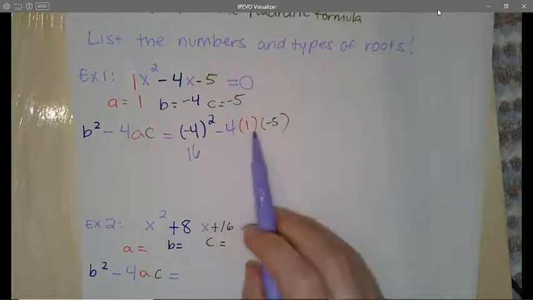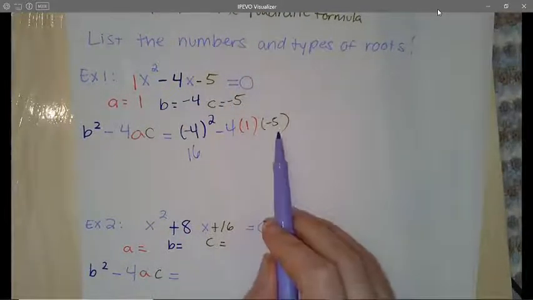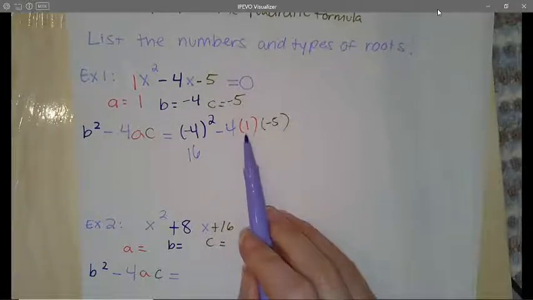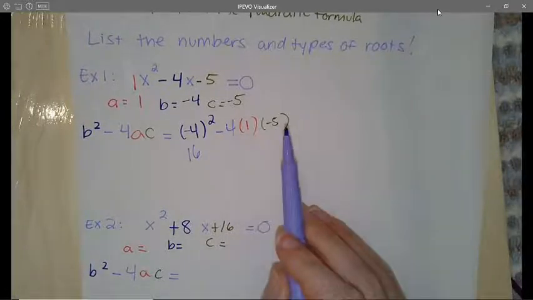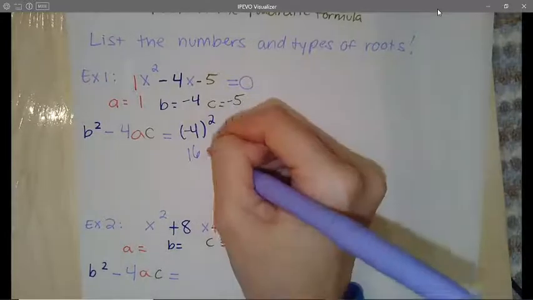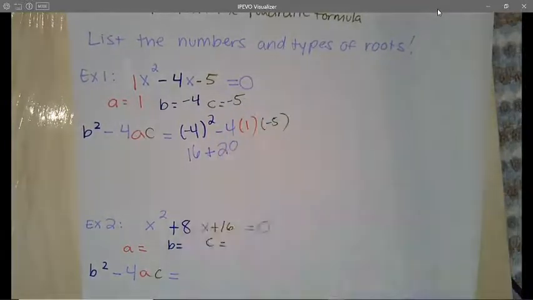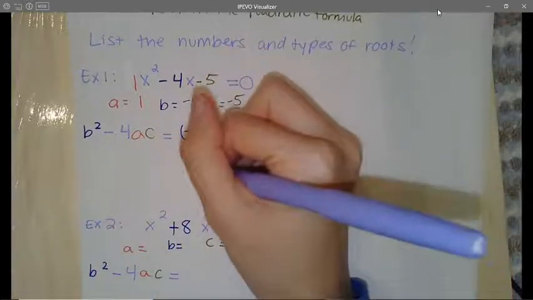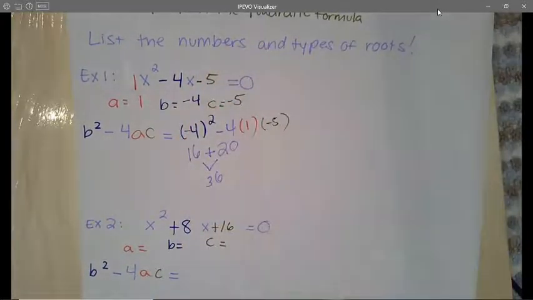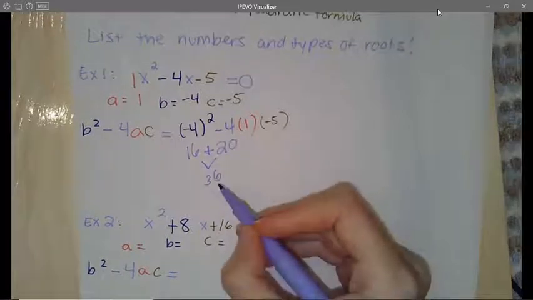And then negative 4 times 1 times negative 5. Well, negative 4 times 1 is negative 4. And negative 4 times negative 5 is positive 20. Okay, and then 16 plus 20 will give us 36. Okay, so our discriminant is 36.